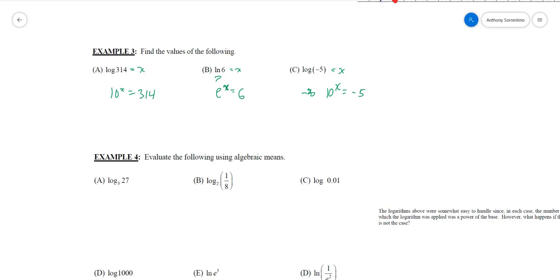So if you do these on your calculator, if you do log of 314, rounding to 4 decimal places, you get about 2.4969. And I do often recommend rounding to 4 decimal places, trying to come up with an approximate answer for the sake of going back and checking it.